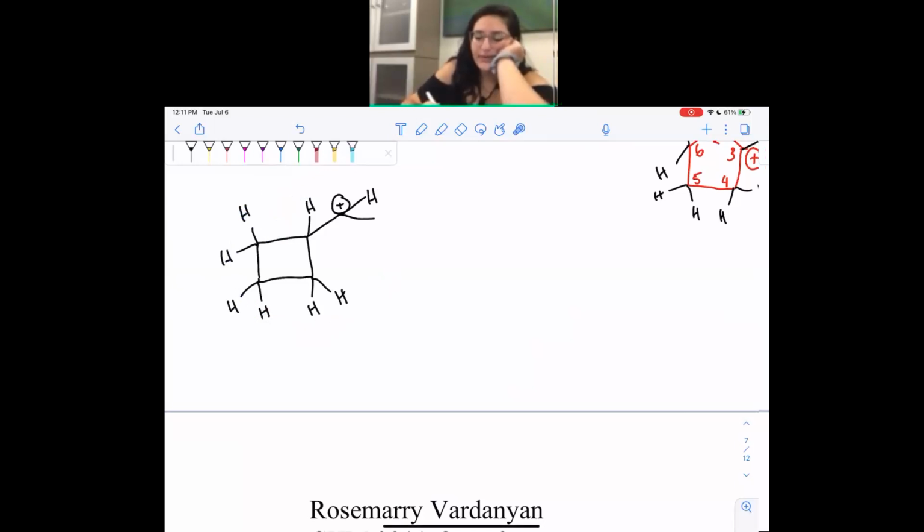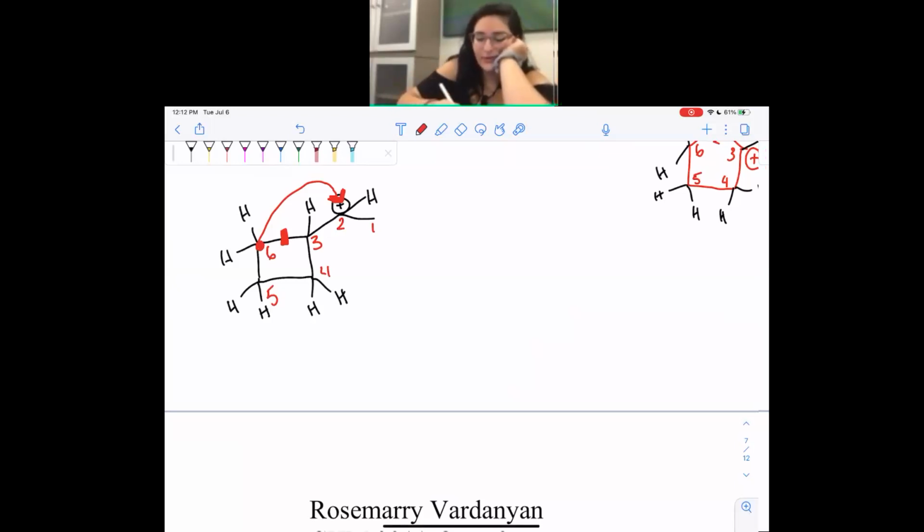So the way we're going to do that is this carbon is going to, I don't want to use the word attack, but it's going to attack this carbon, break this bond, and make a 5-membered ring. So we're going to call this carbon 1, carbon 2, 3, 4, 5, 6.